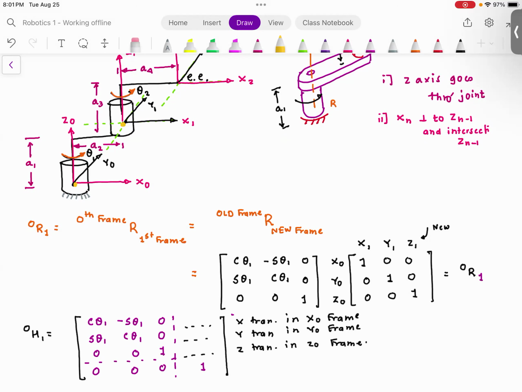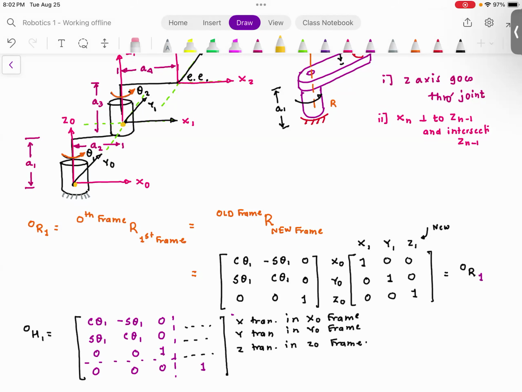The 0th frame is the intersection of X0, Y0, Z0. The first frame is the intersection of X1, Y1, Z1. If I want to go from the 0th frame to the first frame, I need to travel A1 unit in Z0 direction, and A2 units in X0 direction.